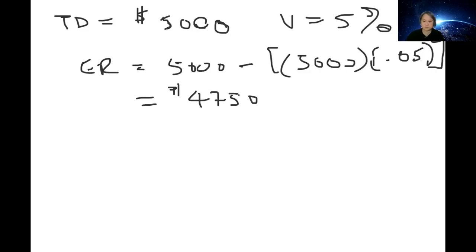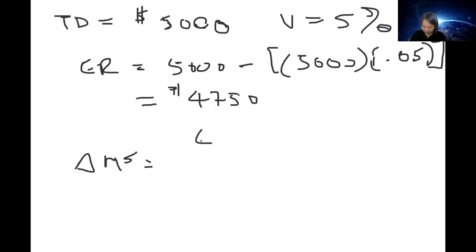So $5,000 comes in. We can't lend out all 5,000. We have to figure out how much we can lend out. The target reserve is 5%, so our excess reserve is $4,750. Now we're going to figure out how much money this creates in our system, the change in our money supply.